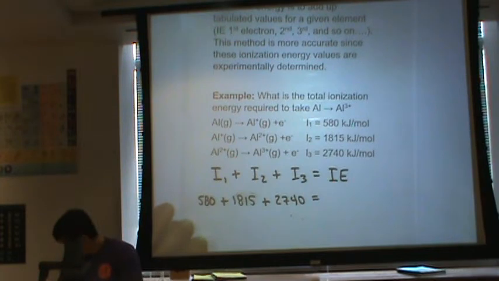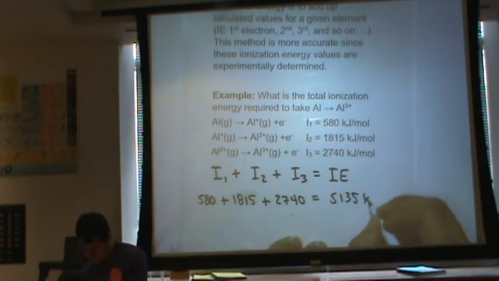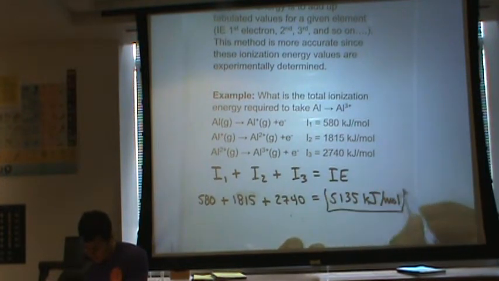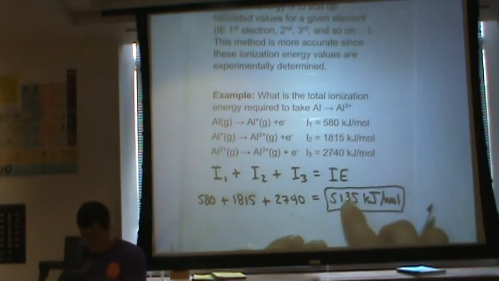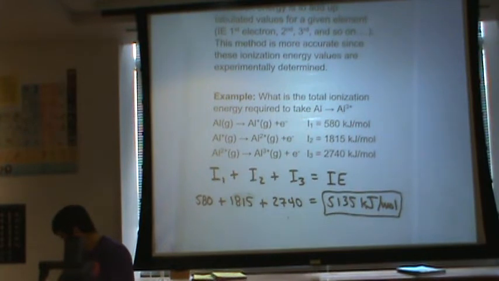And adding these three gives us an ionization energy of 5,135 kilojoules per mole. So if I had a mole of aluminum that I wanted to take up to aluminum 3 plus, I have to give it this amount of energy in order to oxidize it into aluminum 3 plus.